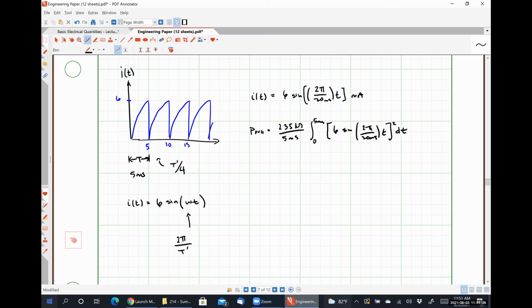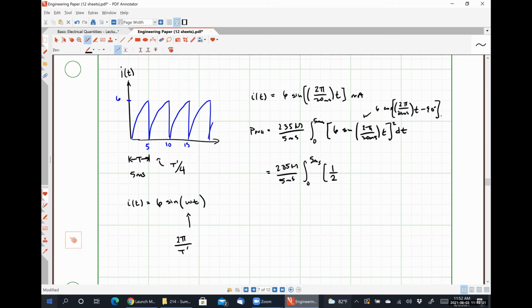And then we could use that trig identity and say that this is going to be the integral over 5 milliseconds of 1/2. So let's see, when I multiply a sine by a sine, let's call this 6 cosine 2 pi over 20 milliseconds t minus 90 degrees so that I can avoid having to look up another identity.